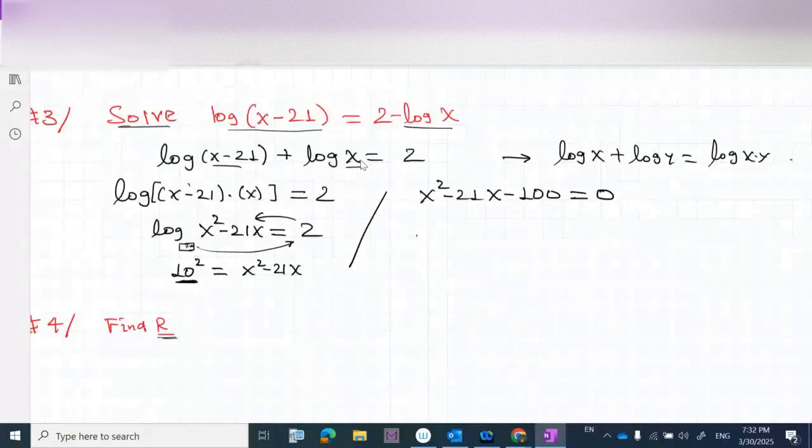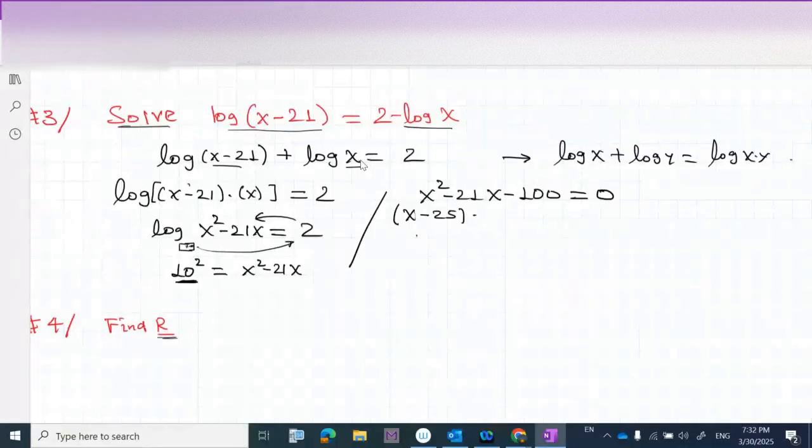So simply use the sum and product method. There are two numbers that when I multiply them, they give me negative 100, and when I add them, they give me negative 21. Those numbers are negative 25 and 4, so x minus 25 times x plus 4 is equal to 0. 4 times negative 25 is negative 100. 4 plus negative 25 is negative 21.